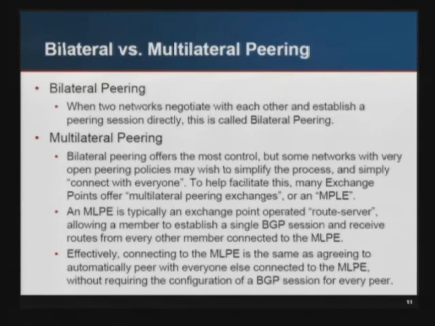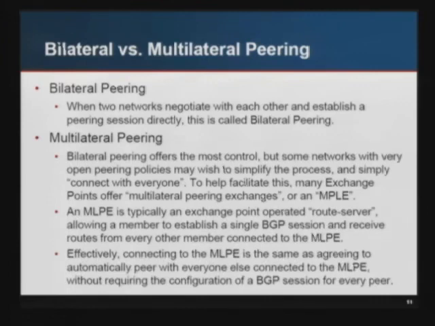A common feature of exchange points is multilateral peering, which is usually an exchange point operated route server. What happens there is, instead of having to connect to 100 different people and maintain 100 different BGP sessions, you set up one or two sessions to a route server, and it's effectively the same as peering with everyone else who wants to be there.